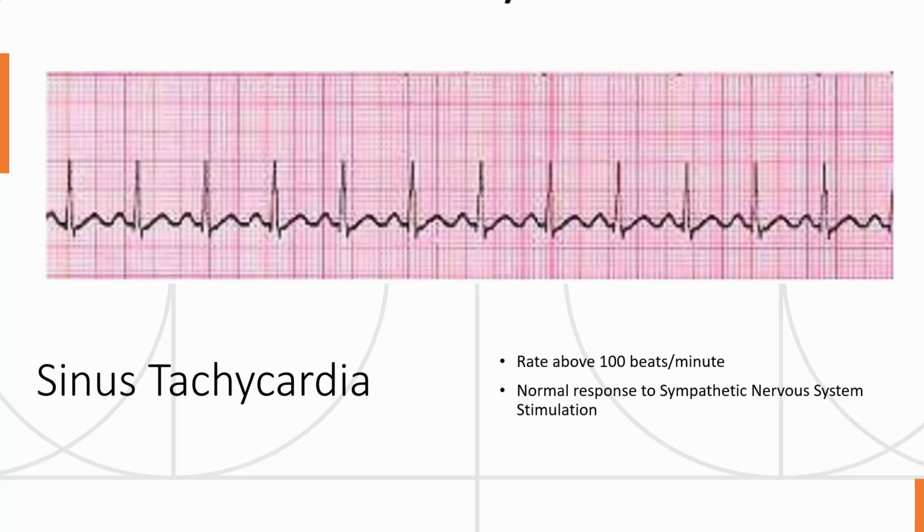And when that happens, it causes a decrease in cardiac output and in blood pressure. So sinus tach just increases the work of the heart. It does that by increasing the myocardial O2 demand. And the problem with sinus tach is it can ultimately lead to failure.